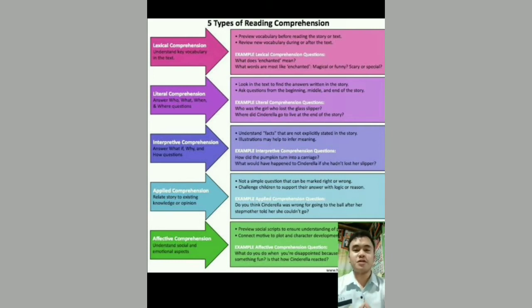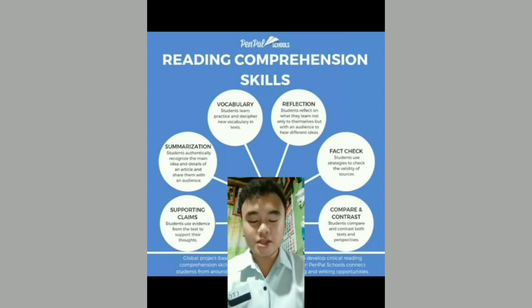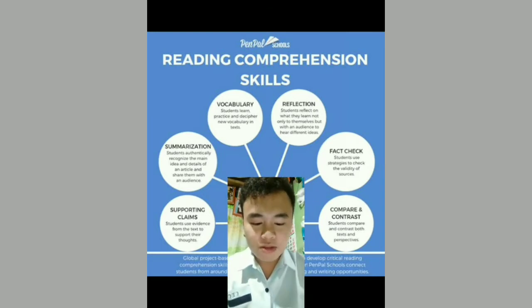So that's all the different types of reading comprehension. Next, 6 ways on how to improve our reading comprehension. Number 1 is supporting claims. The meaning of supporting claims is that students use evidence from the text to support their thoughts.